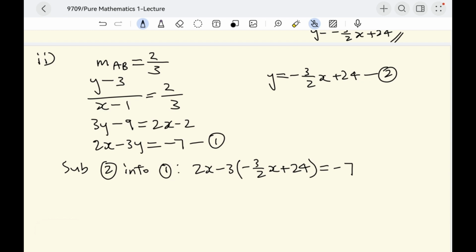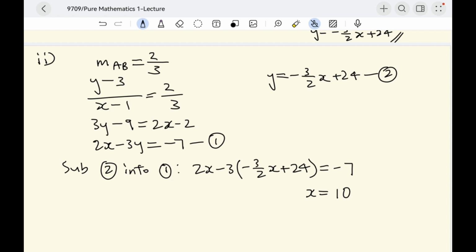Alright, so just use your calculator to calculate the value of x first. By right, your answer for x is, wait, I need to recalculate again. So I have -7 plus 24 times 3, which is 65, divided by 2 plus 9 over 2. The answer for x is 10.